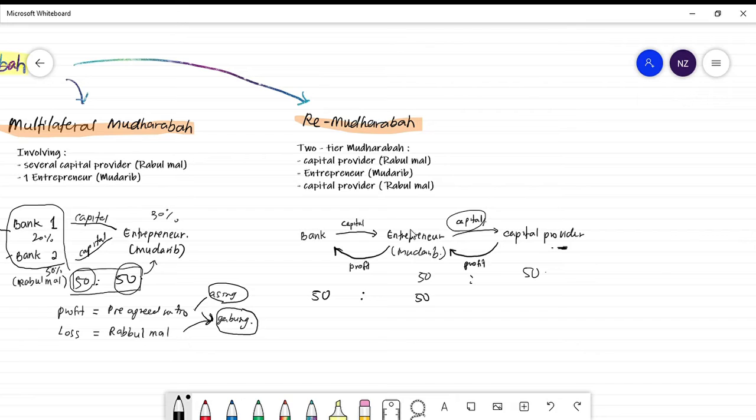And then the entrepreneur's profit from the second mudharabah and his own profit, both will be shared to the first party here according to the pre-agreed ratio for the first mudharabah.